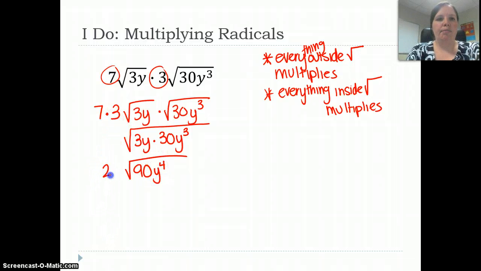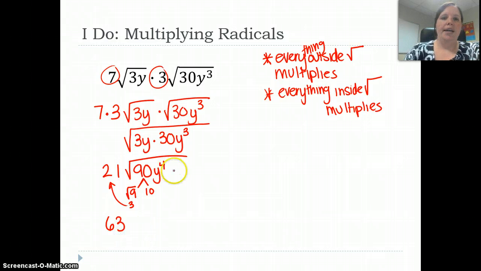The 3 and the 7 became 21, and now all I have to do is simplify. So 90 is 9 times 10, and I can take the square root of 9, which is 3. So I multiply 21 by 3 because I'm moving that 3 outside. So that is 63. And then y to the 4th is 4 y's, so I can simplify that as y squared.